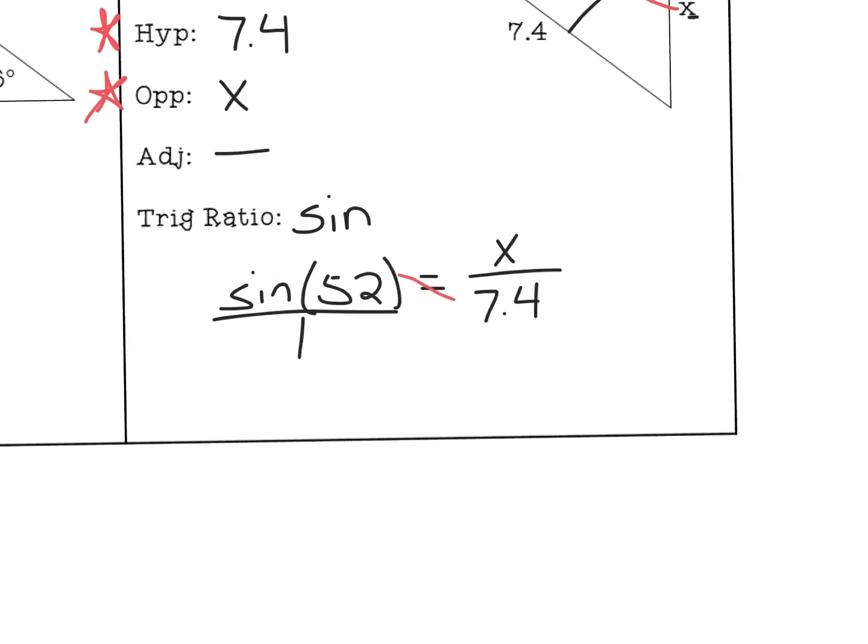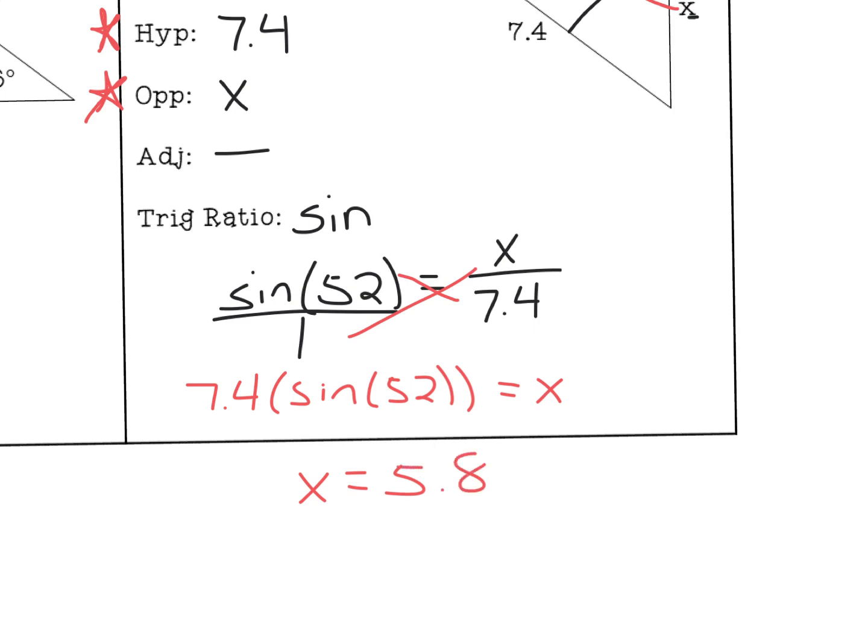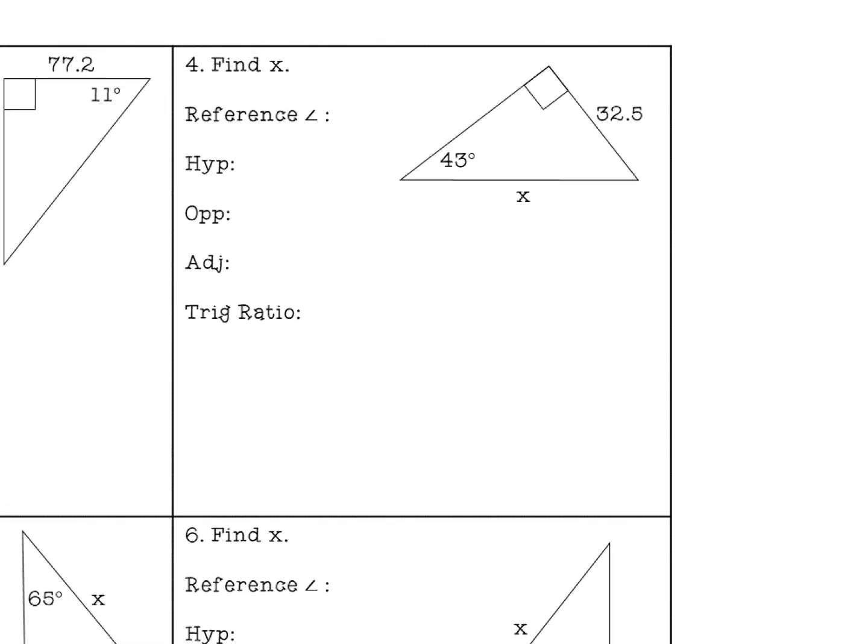So we have sine of 52 times 7.4. This equals 5.83. What'd you get? 5.83. Yep. So x equals 5.83. If you're not getting 5.83, your calculator's in the wrong mode. If you're getting the wrong number, let me know and I'll switch it. It's number 4, top right.